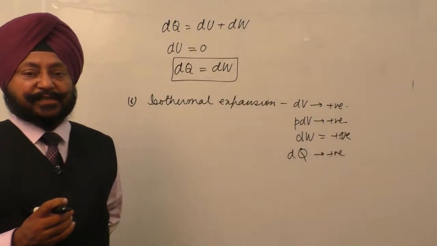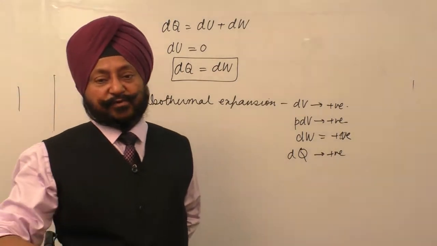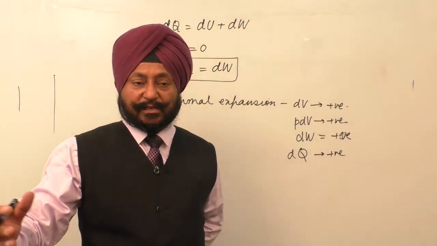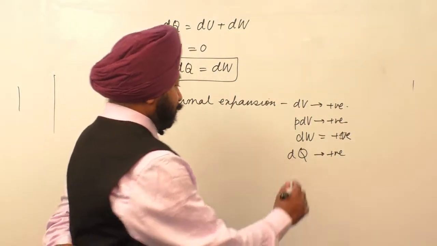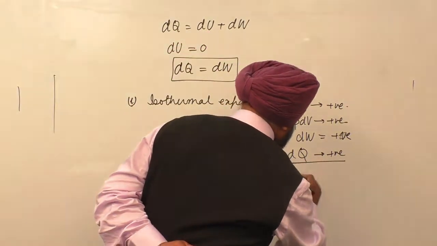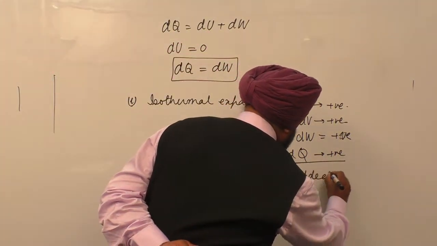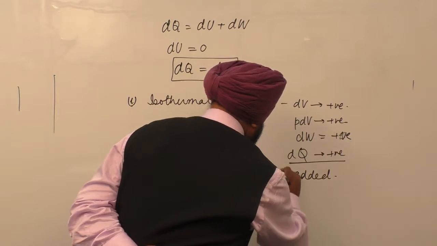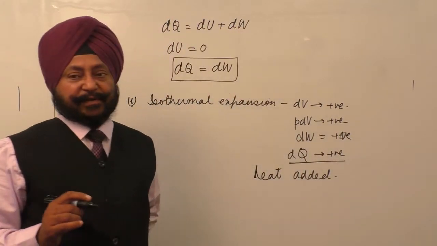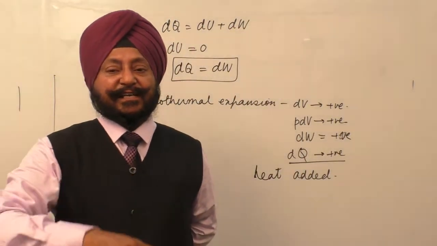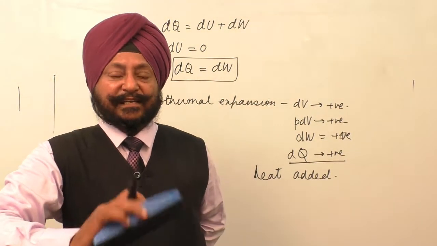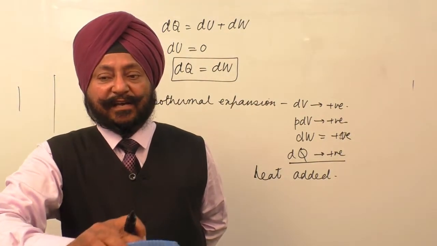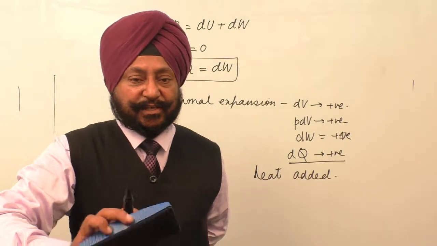And what is the convention we have used? dQ is positive if heat is added to the system. So whenever we want isothermal expansion to take place, we must add heat to the system. Without adding heat to the system, we cannot have an isothermal expansion at all.